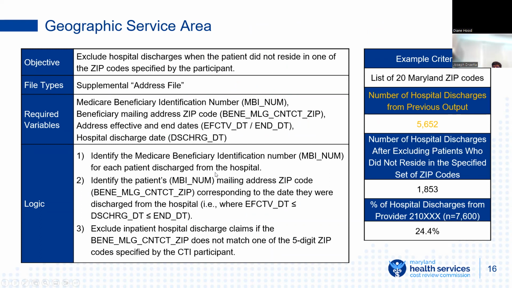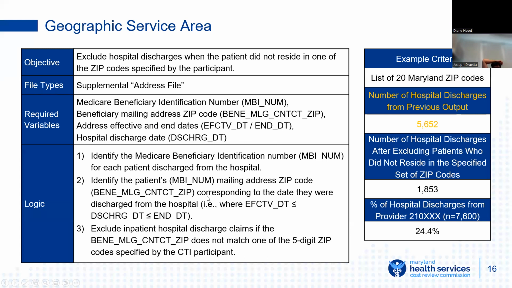For the geographic service area, I'm just going to provide a high level. This includes individuals residing in a particular set of zip codes specified by the participant at the time that the episode is triggered, at the time of their inpatient hospitalization. You could use the supplemental address file here.